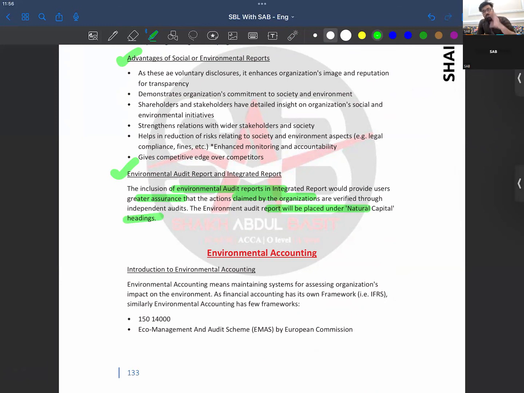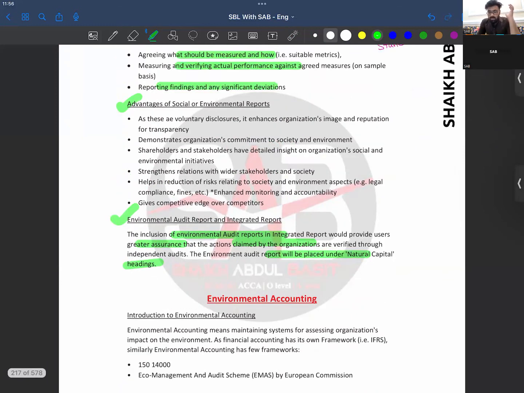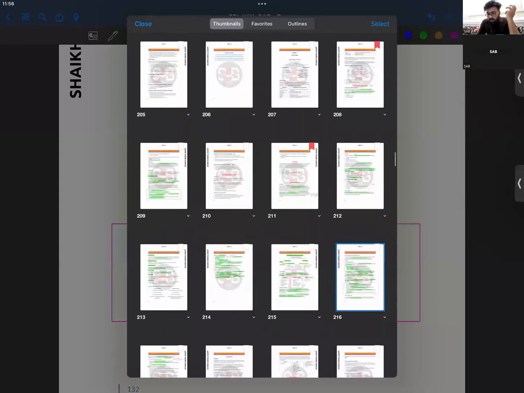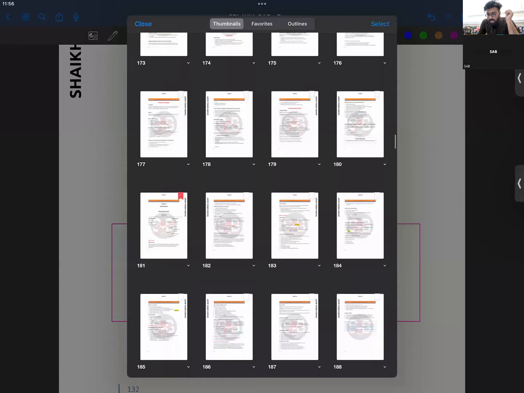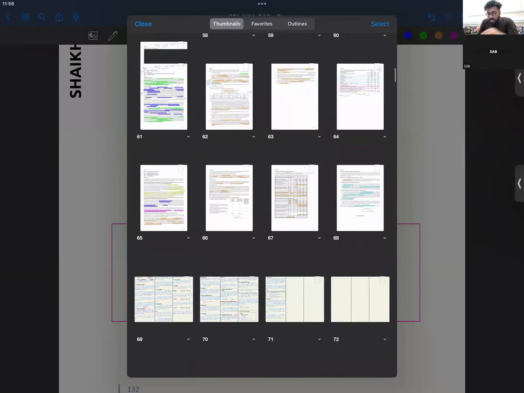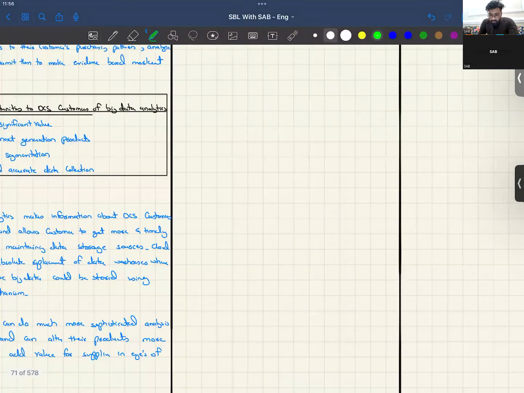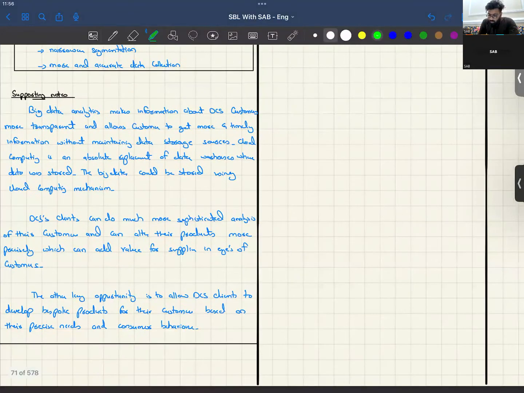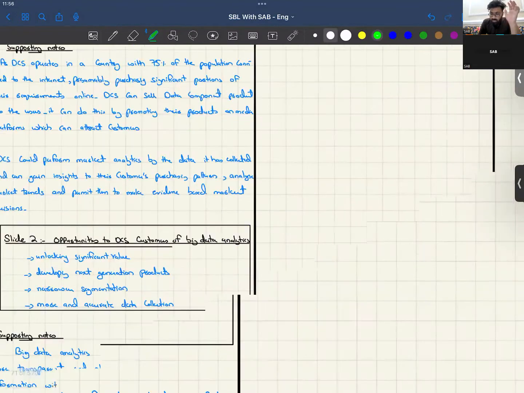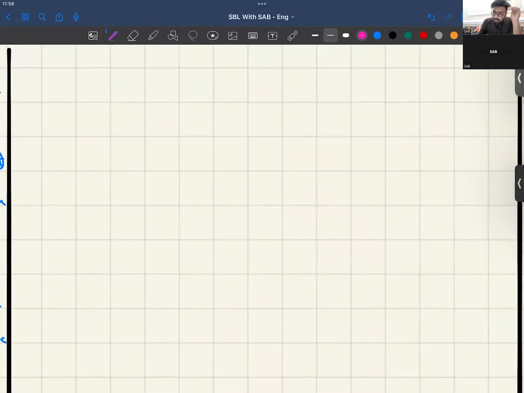So see, you have got a knowledge of environmental audit, but still in this question, there was not any kind of data. So what we need to do is draft, and now just remember the case in mind and the question in mind.